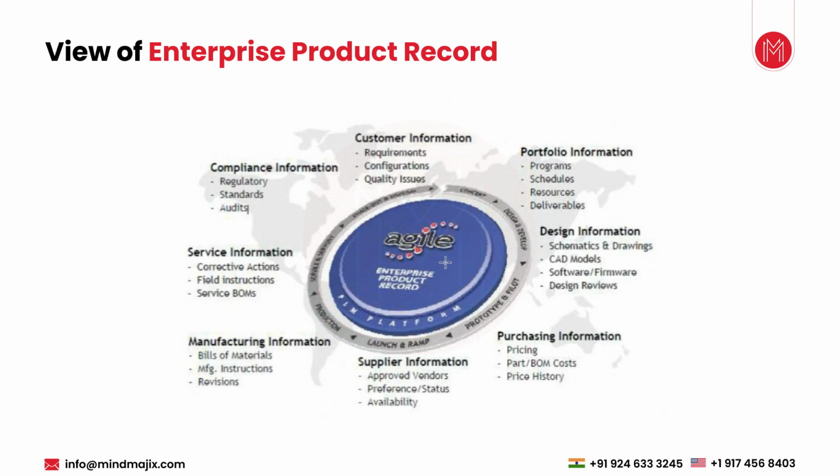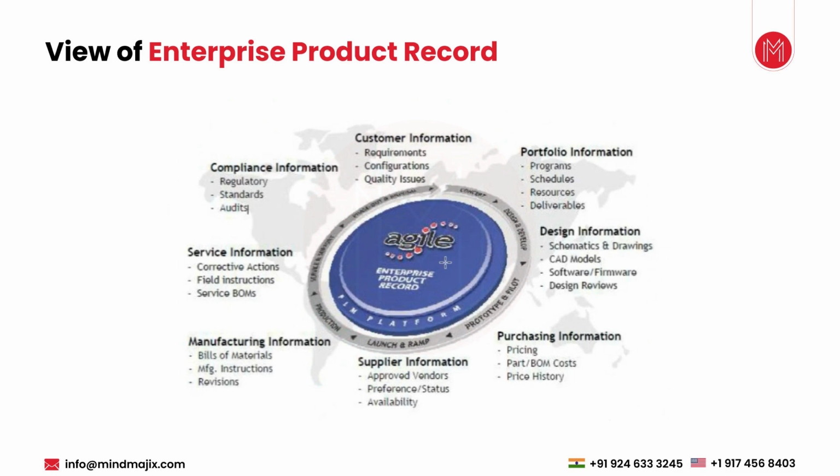For example, portfolio information. Under portfolio information we are managing program, schedule, resources, and the deliverables under any project. Then design information: schematics, CAD diagrams, software, design reviews, all this information we are managing. Purchasing information: pricing, parts, BOM and its cost, and also price-related activities.